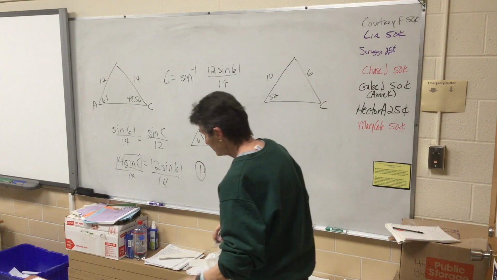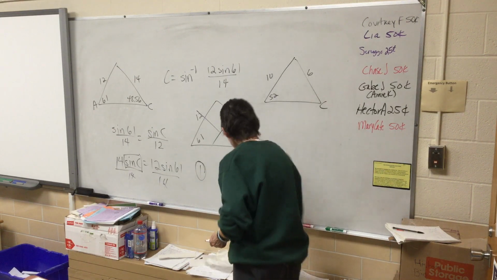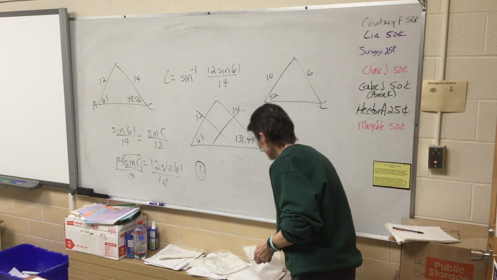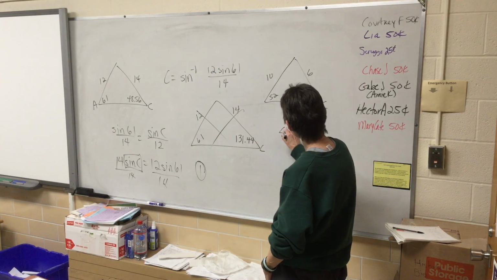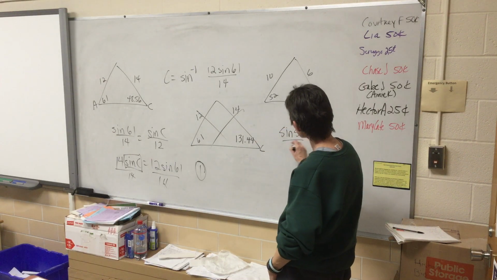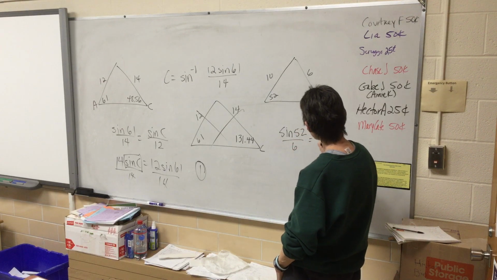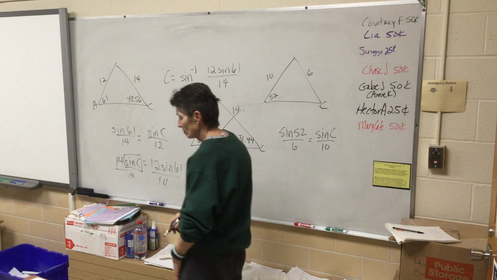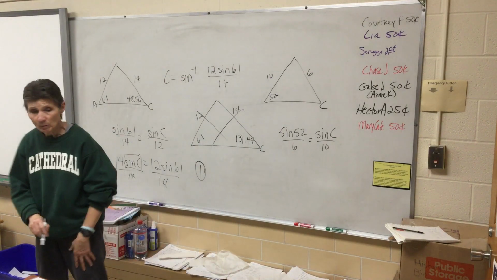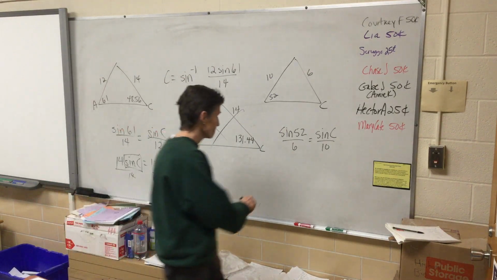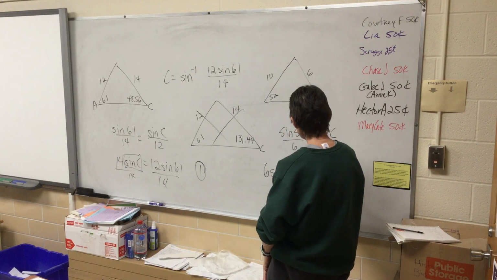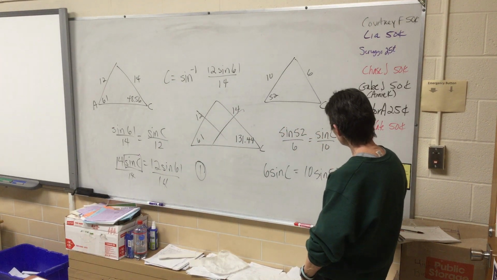The setup for all of these is exactly the same. So we're going to start out with sine 52 over 6 equals sine C over 10. Then we will cross multiply. So 6 sine C equals 10 sine 52.